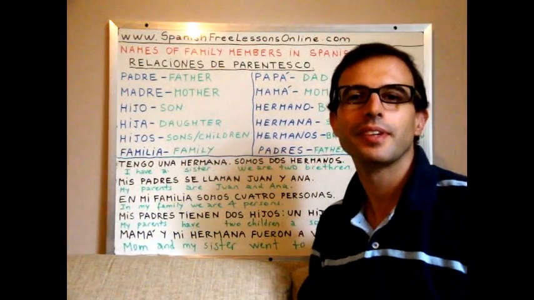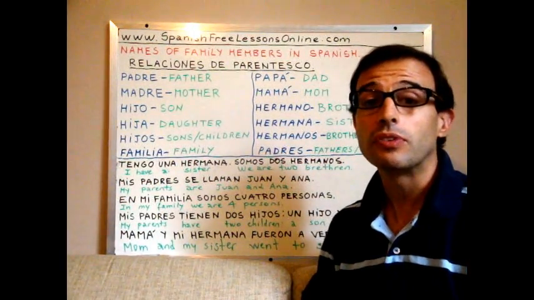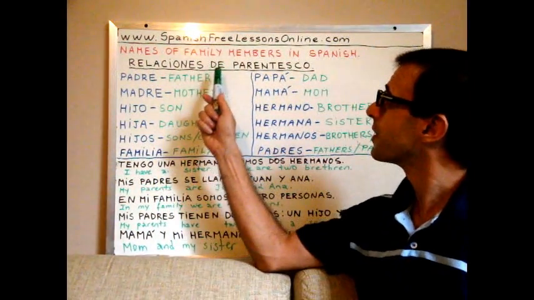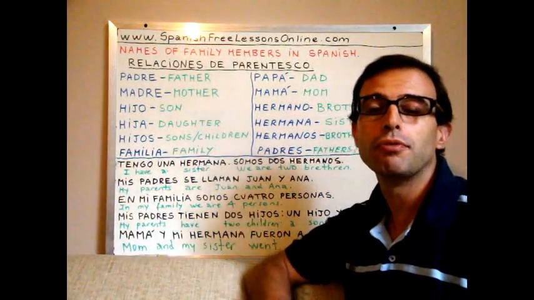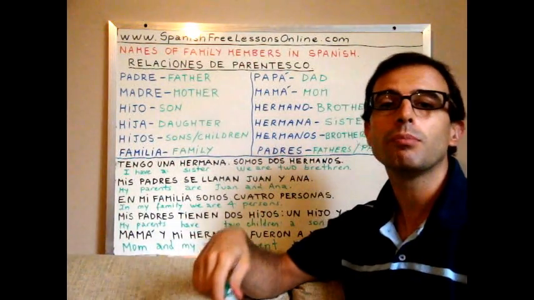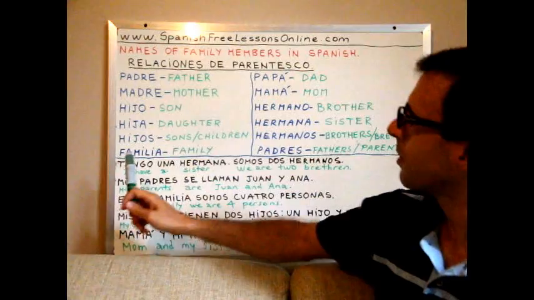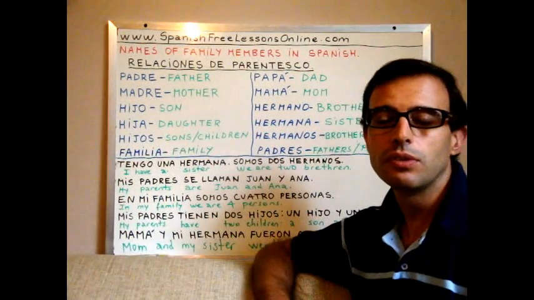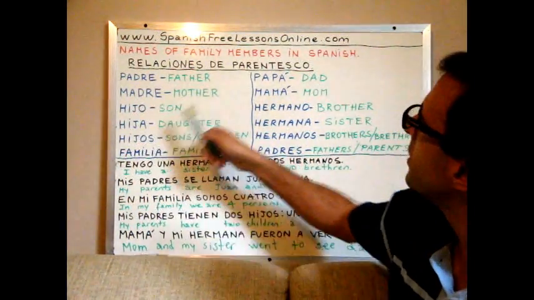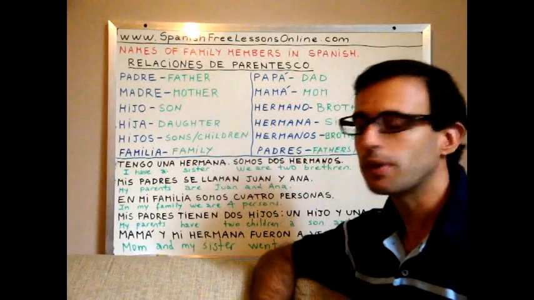Hi there. Today, before we see some more family members, before we learn more names, more words, we will see some examples, some sentences using the vocabulary we learned in the previous class, okay?